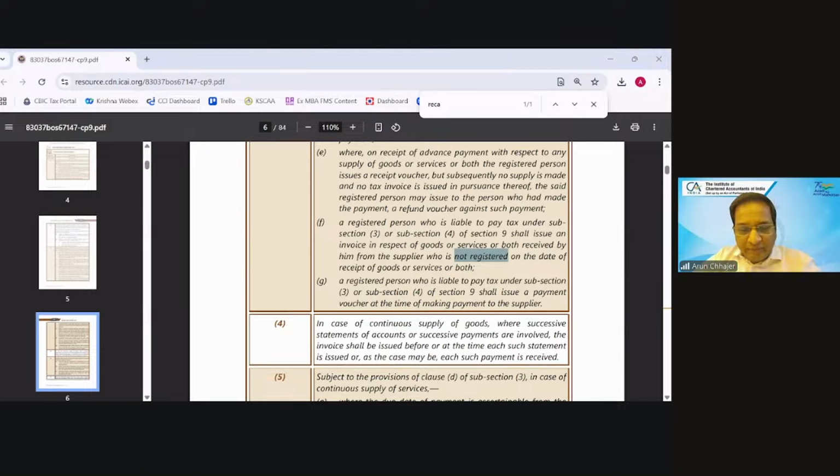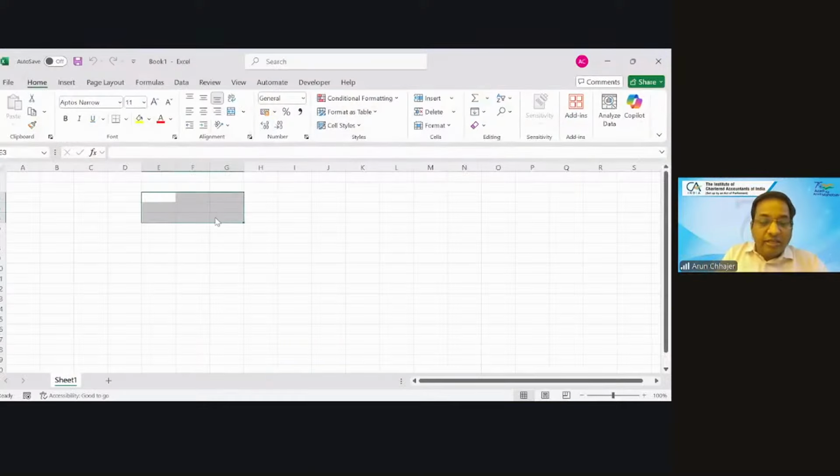Correct? So let us quickly complete the Excel chart, which I think I have taken already, but let me repeat again. I normally take this discussion in the RCM chapter, but it was not taken by me. So let me make the chart.